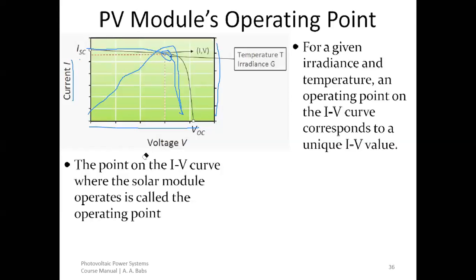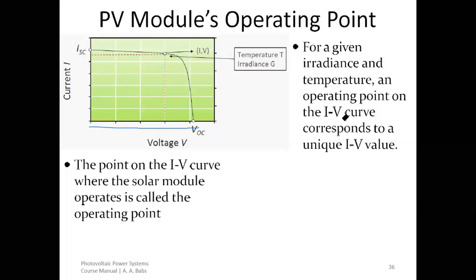So for every solar radiation and every temperature, there will be a specific current and voltage that can be measured, for all the time series values of climatic conditions that we have. There will always be a current and a voltage for those variations in climatic conditions.